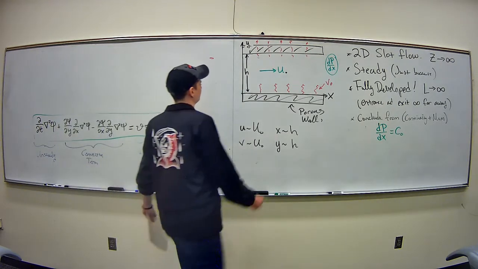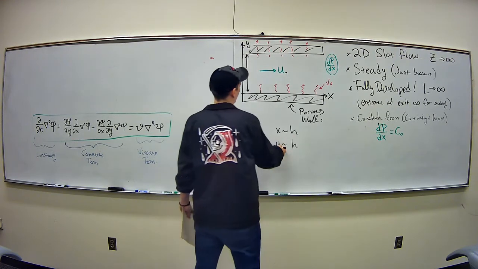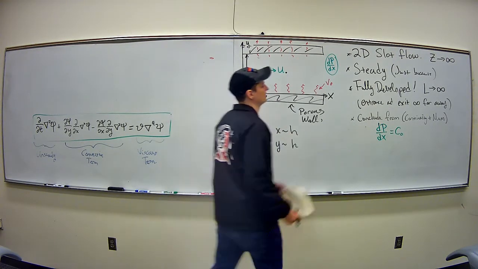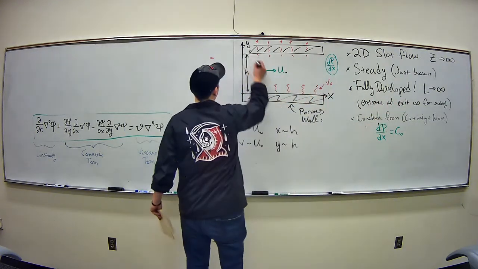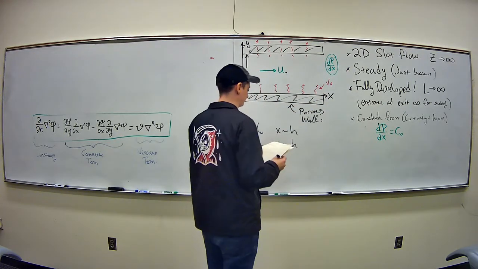So I'm actually only going to zoom into an H section, and then an H and a Y section of H, and look only at an H section of the flow itself. While fully developed is satisfied in this idea, I have a velocity constant here and constant here, and I'm just going to look at an H-size section.